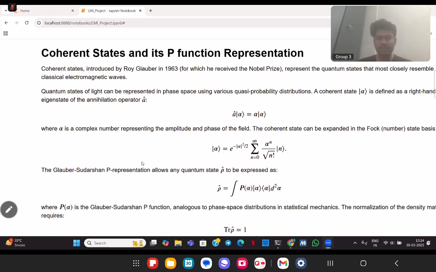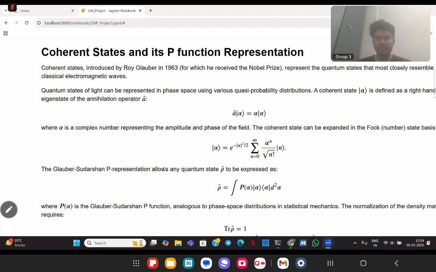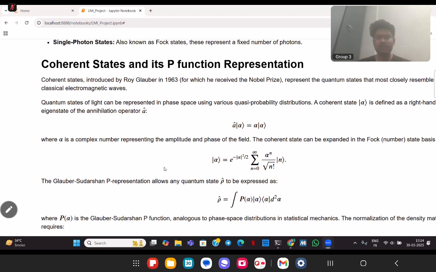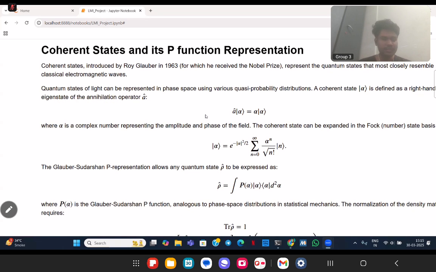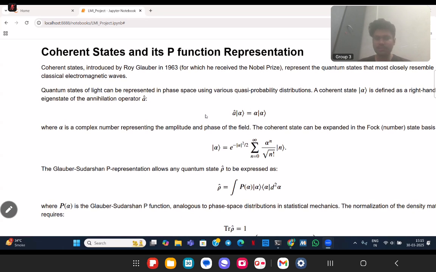Mathematically, a coherent state |alpha> is defined as the eigenstate of the annihilation operator a. So we can see that a|alpha> is equal to alpha|alpha>. This alpha is a complex number which encodes both amplitude and phase information.